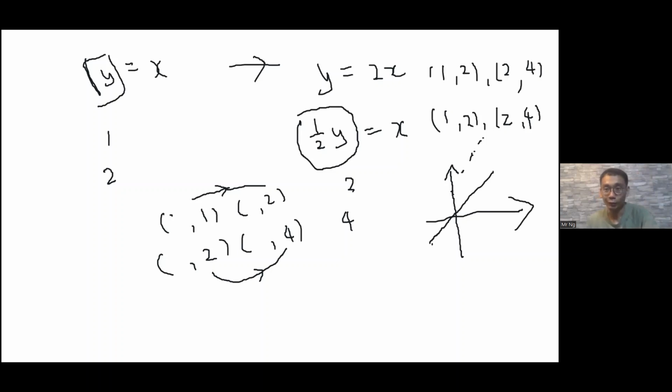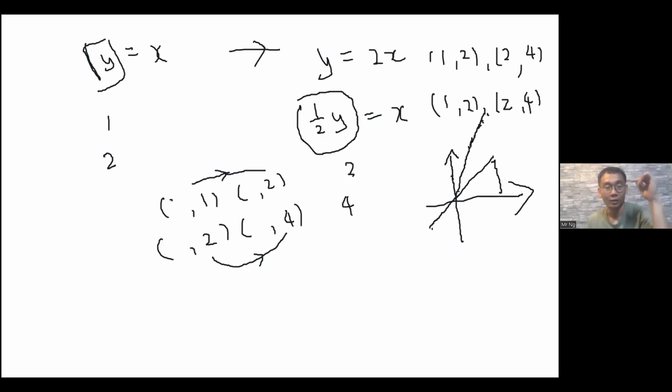Do note very carefully how you should plot it: this value, then twice of it, so it's around here. This value twice of it is around here. This value twice of it is still 0. So that is going to be your new graph.